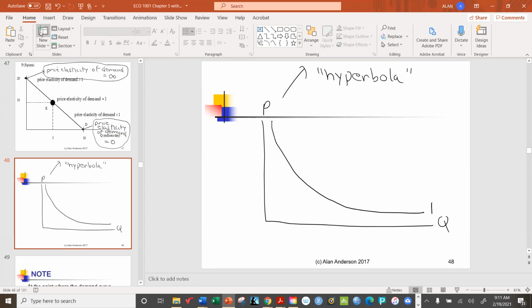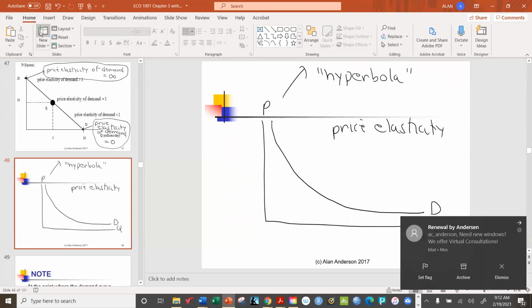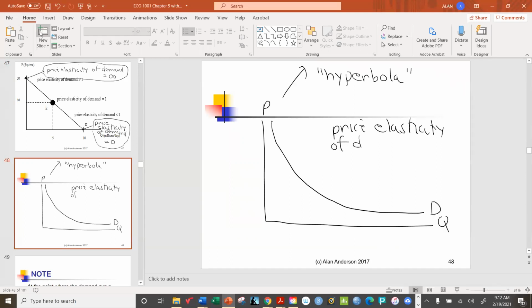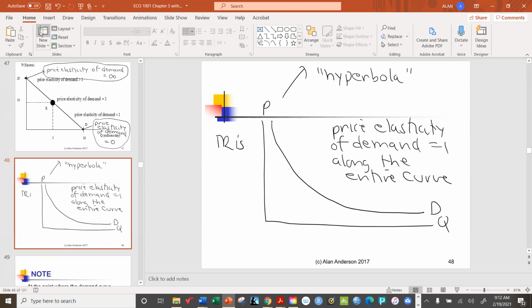If this is our demand curve, then the price elasticity of demand is 1 along the entire curve, which means that total revenue is the same at every price. And again, this is a very, very unusual case, but it can happen.